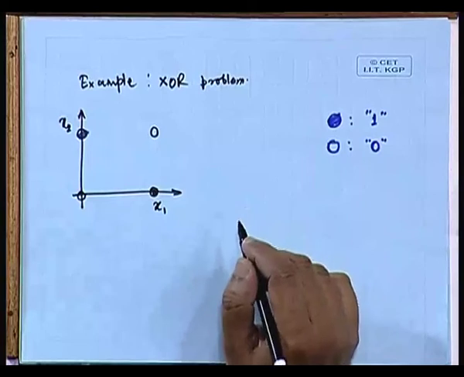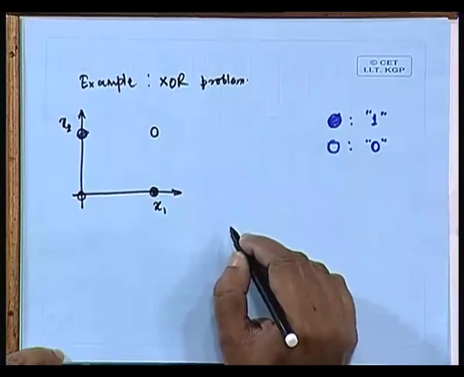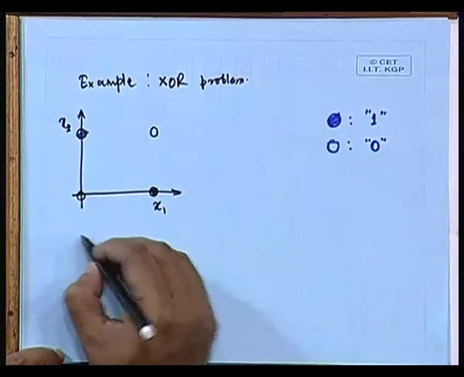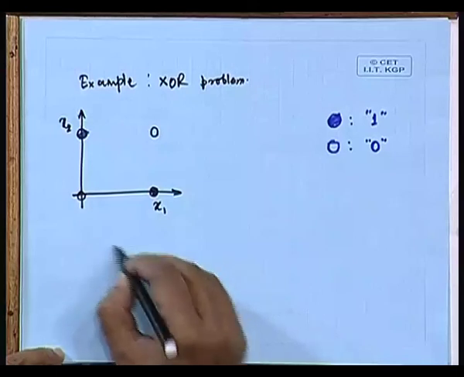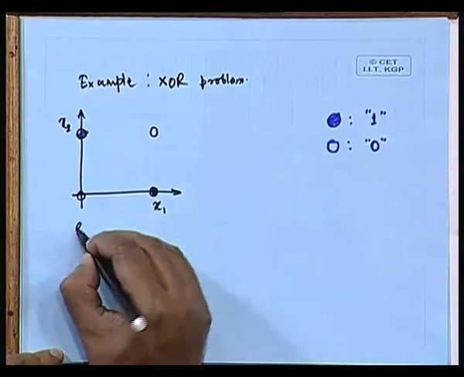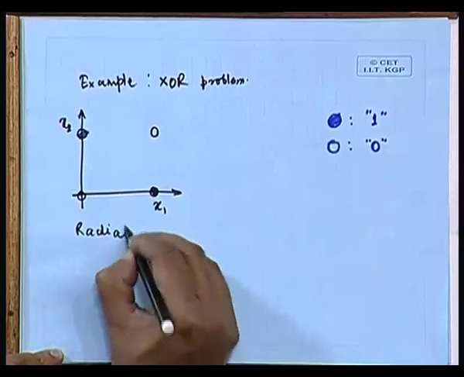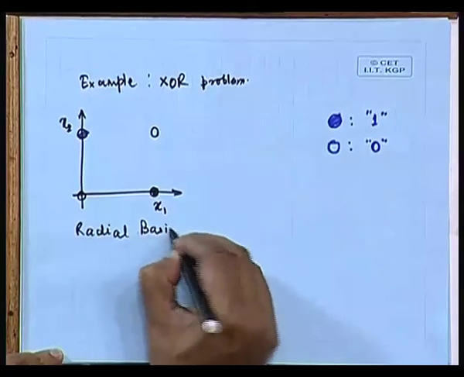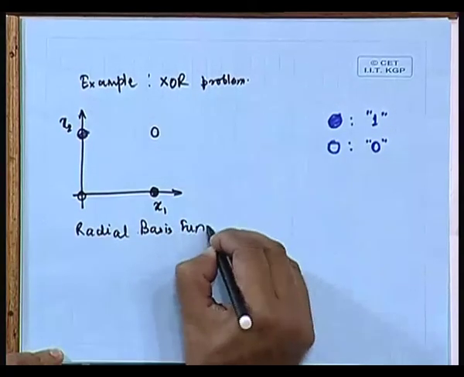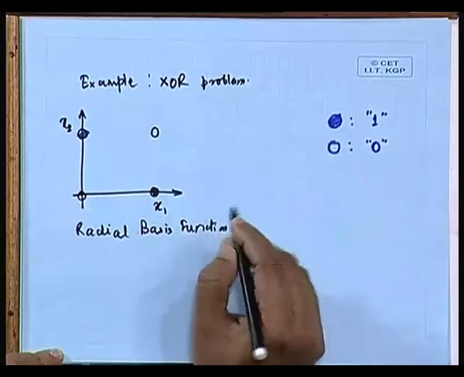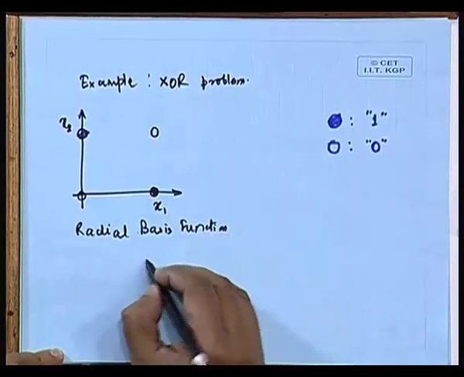input space. So, what we do is that we use a pair of Gaussian hidden functions as the radial basis function. Two Gaussian functions are used as basis.